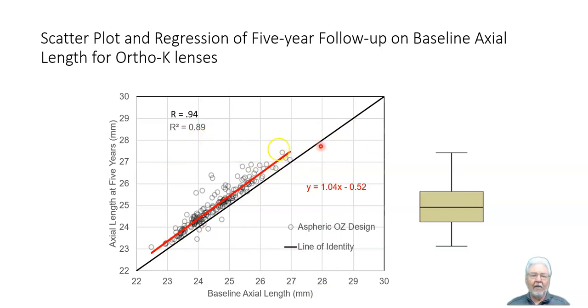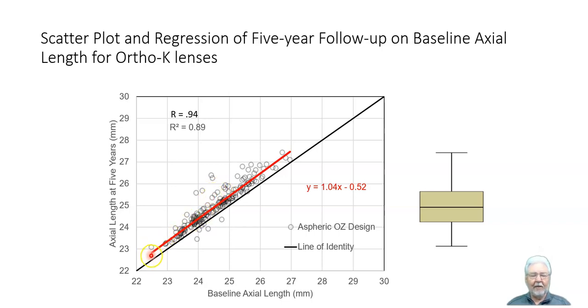So the line just says how you grew, and most of the dots are above this line of identity because the eye grew. I can't really say why there are a few points below, but I'm calling it measurement error, although who knows, maybe they did shrink a little bit in this particular case. Unlikely, but possible, I suppose.